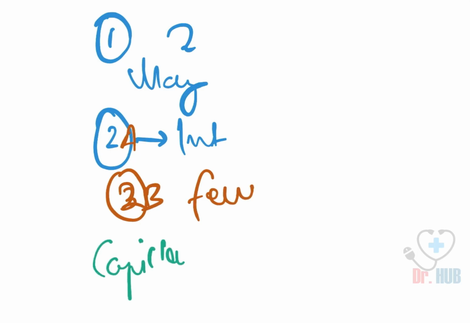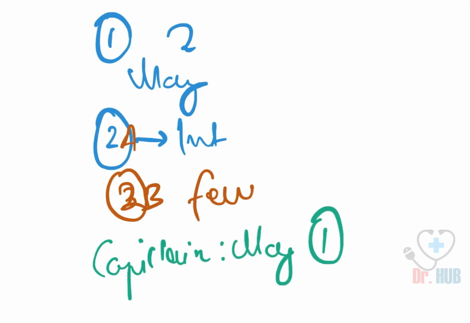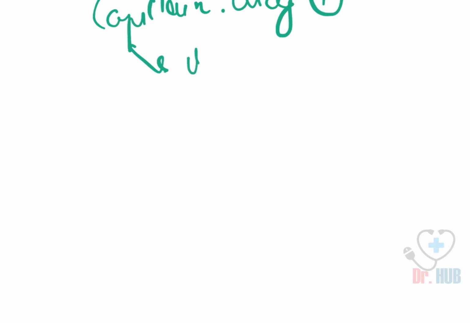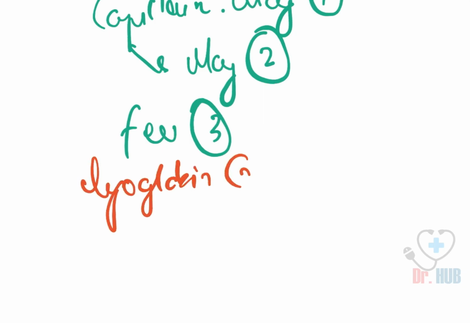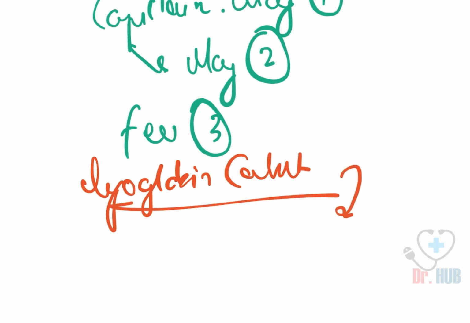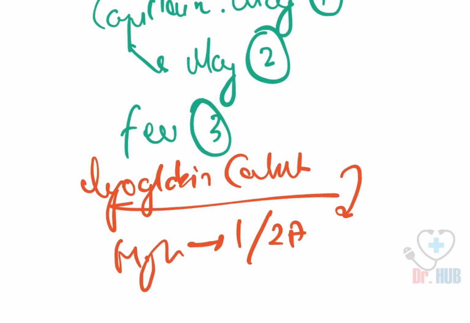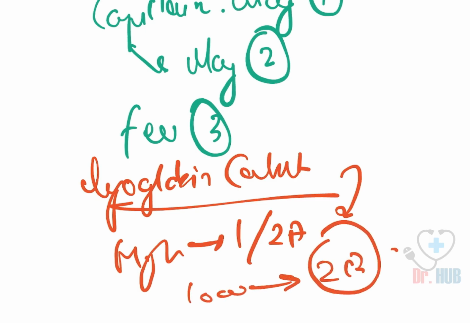Next we look at the capillaries. Capillaries are many in case of type 1, and they are also many in case of type 2A, and they are few in case of type 2B. Next, the myoglobin content is high in type 1 and 2A, and low in type 2B.